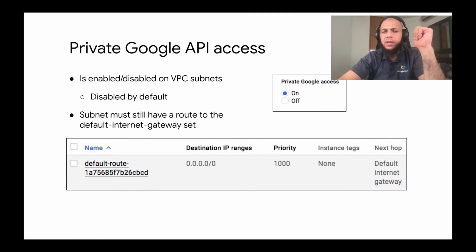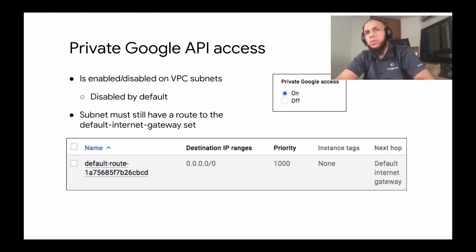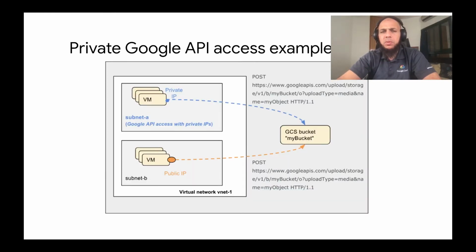It is configured at the subnet level. So when I enable it, all the VMs in that subnet, even though they have private IPs, will be able to access the Google APIs and services with the private IP without any issue. Here is an example of private Google API access: one subnet with private Google access enabled, one with it disabled.